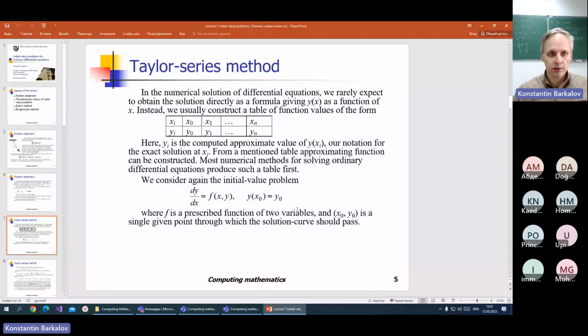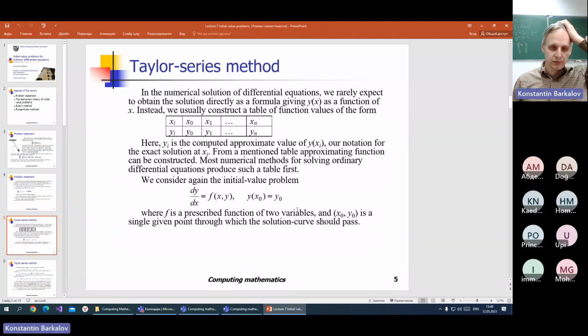And in practice, we rarely expect to obtain the solution directly, just as a formula given y of x, like in our examples, when we find the solution just as a formula, y of x equals e to the power x, or y of x equals x squared over 2.